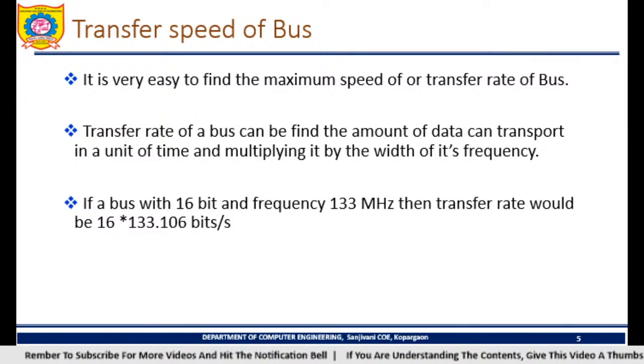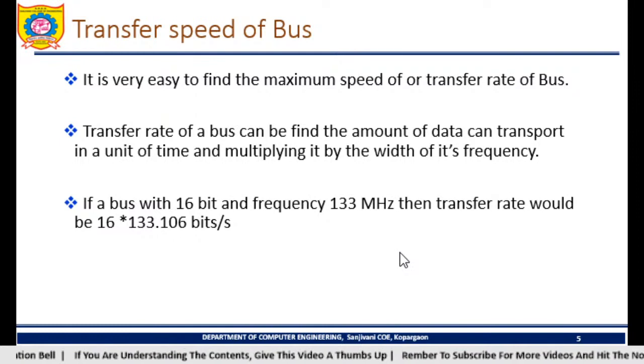We know that our bus can transfer either 16 bit at a time or 32 bit at a time. So we'll take an example that in this one we are able to send 16 bits of data at a time. Okay, and the frequency of sending currents on those buses is like 133 megahertz.